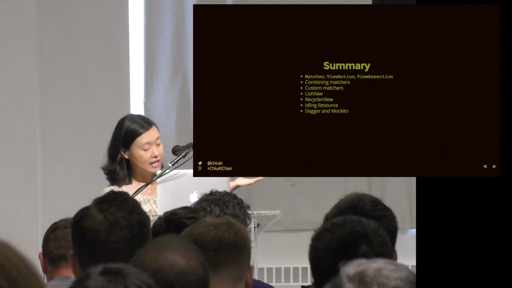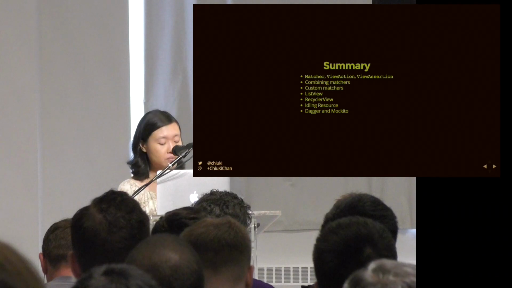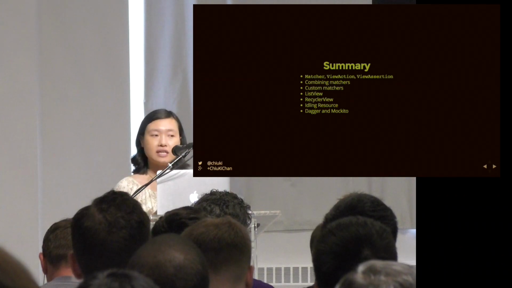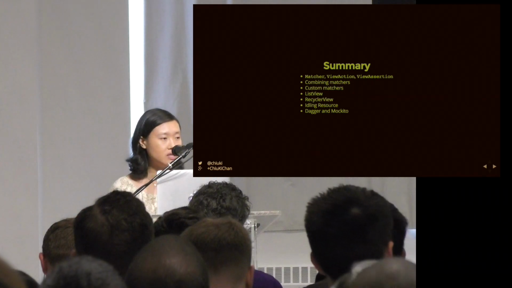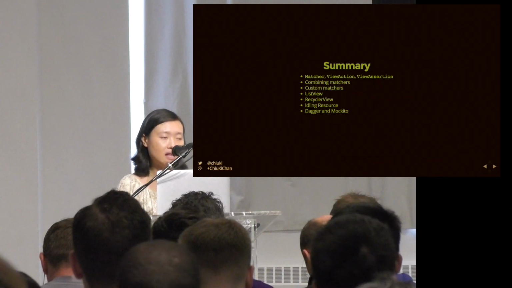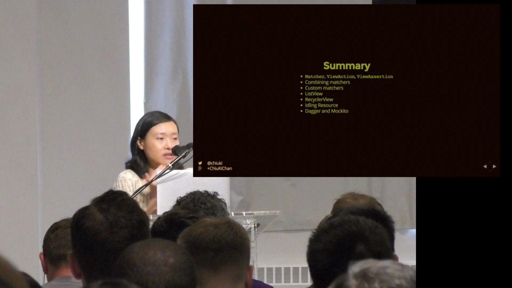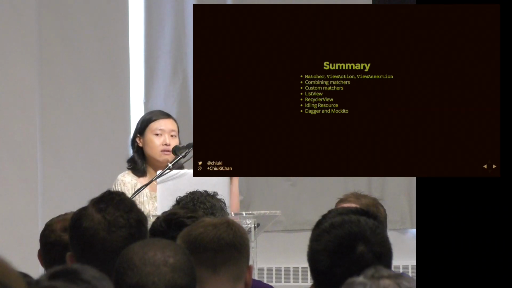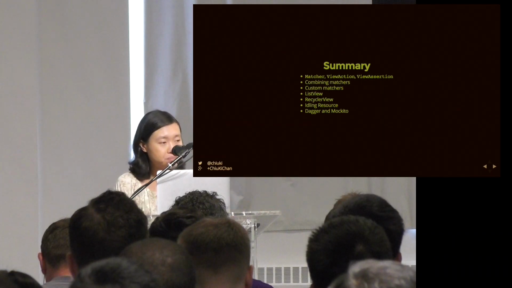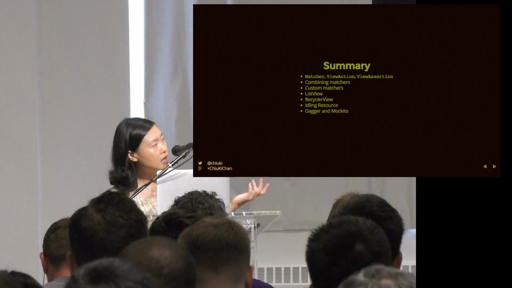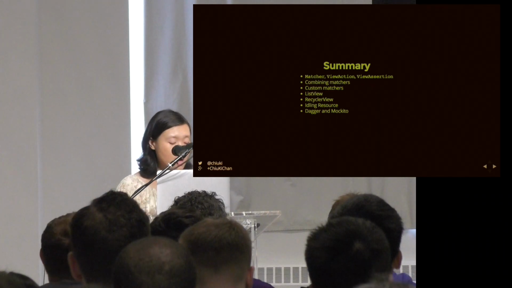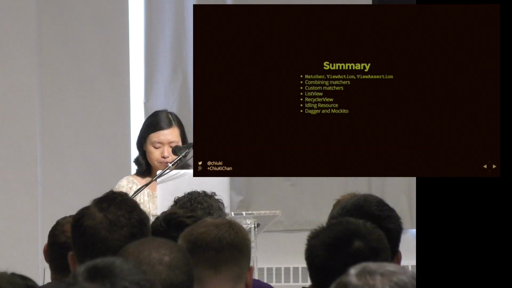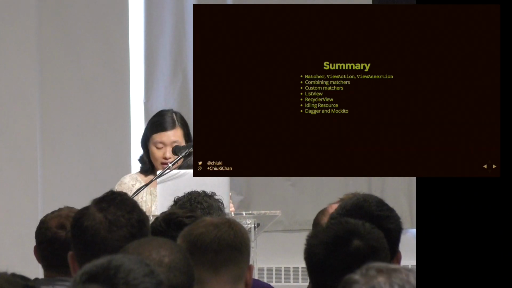Then we have a list view and a recycler example. The idling resource is the thing that you can use to teach Espresso to wait for the condition that you are looking for, so that you don't need to sleep essentially. The test will pause until your app is ready to be verified. And finally, we dove into a few different tools that you can use with Espresso, namely Dagger and Mockito.